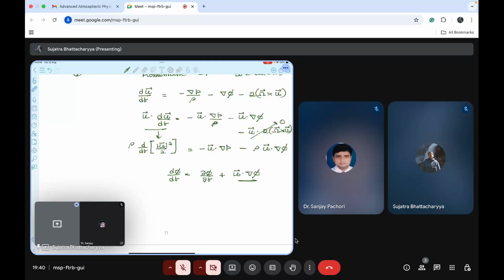But for a potential like phi, if grad phi is equal to g, the gravity, its potential does not vary with time. Local change is 0. So that's why d phi dt is nothing but u dot grad phi.